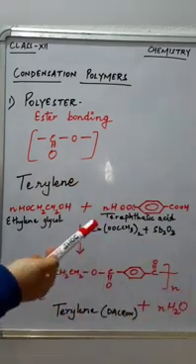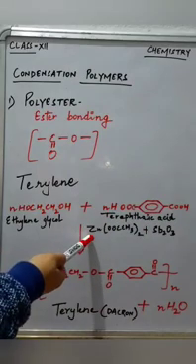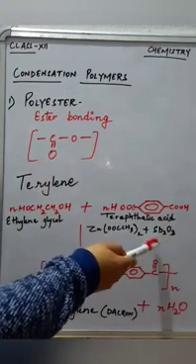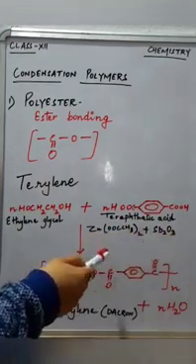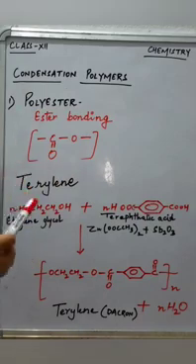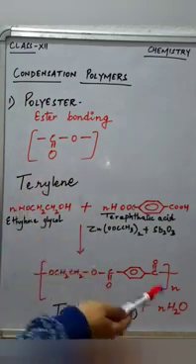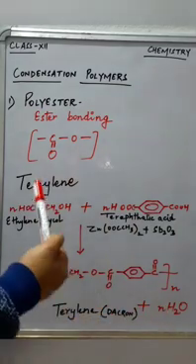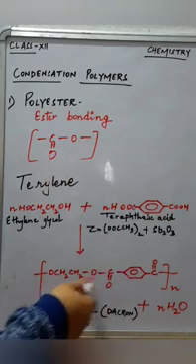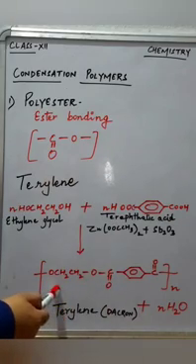The catalyst which is very important for this polymerization is zinc acetate and antimony trioxide. You have to remember this catalyst too. This is a copolymer formed by condensation polymerization, in which two monomers are joined together by elimination of water.